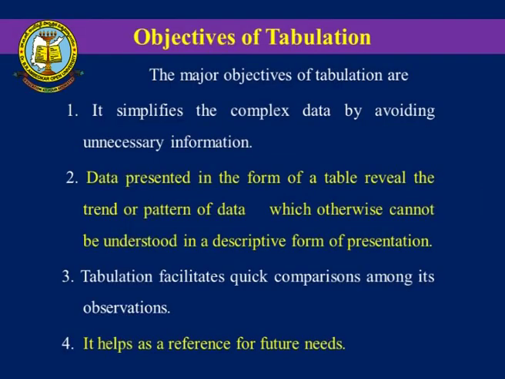The major objectives of tabulation are: first, it simplifies complex data by avoiding unnecessary information. Second, data represented in the form of a table reveals the trend or pattern of data, which otherwise cannot be understood in a descriptive form of presentation.